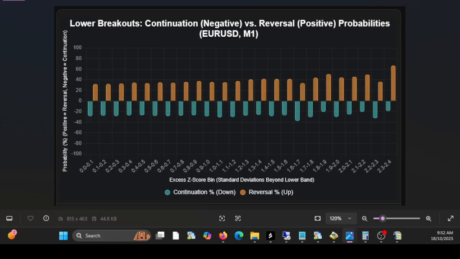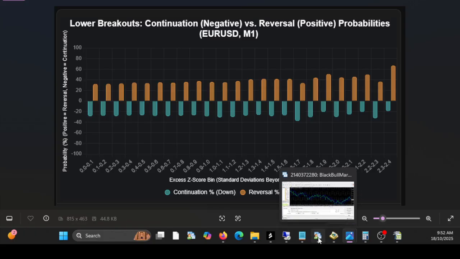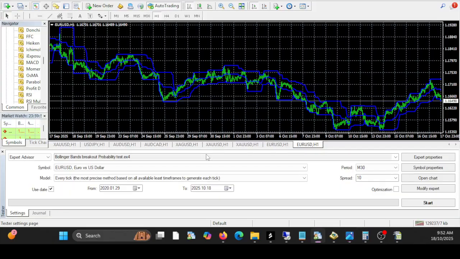What happens after a long or short trade? I built another bot that checks how often a long trade is followed by another long trade, or a short trade by another short trade.